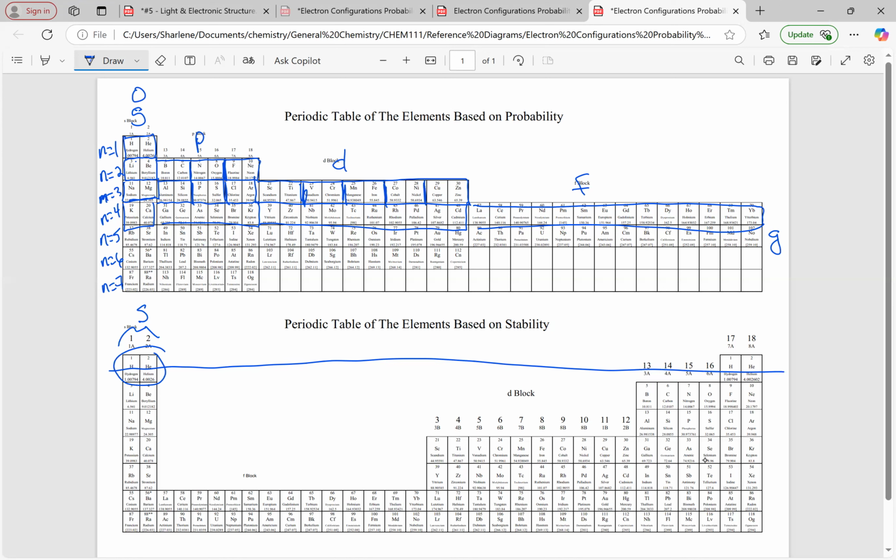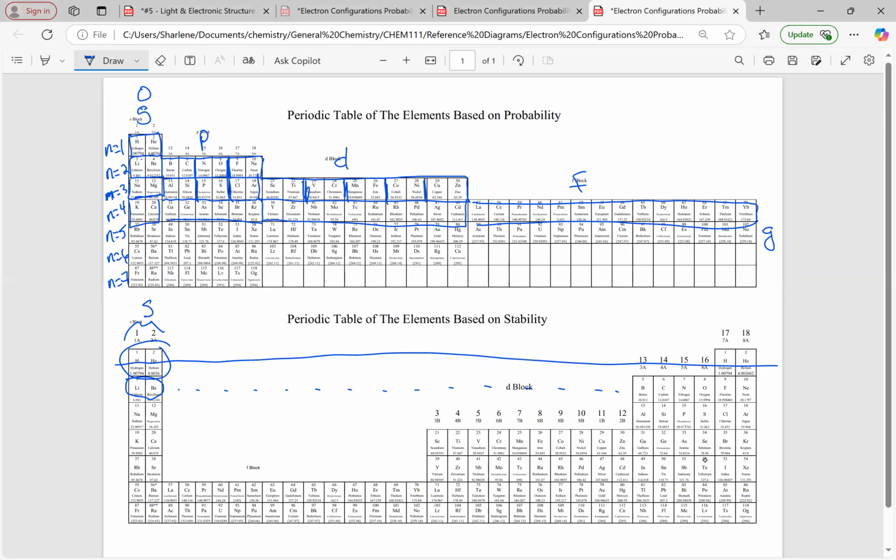All right, in n equals 2, we now get an additional S, and the periodic table is telling me, jump, and the next things you're going to fill are the 2P's.